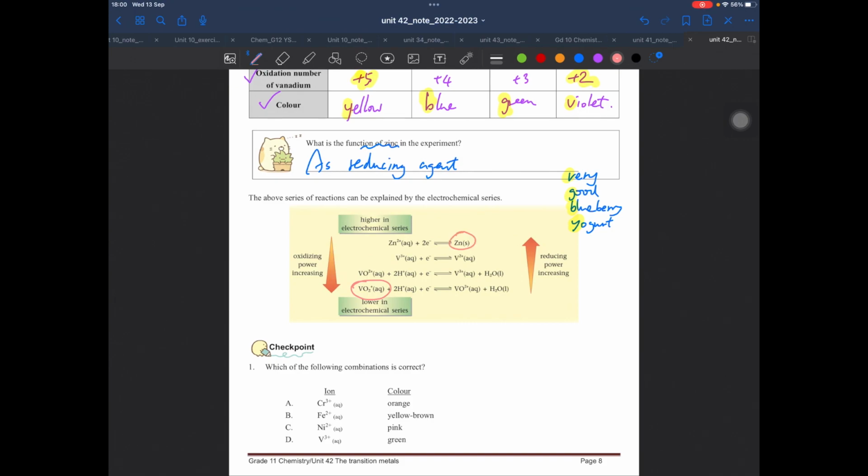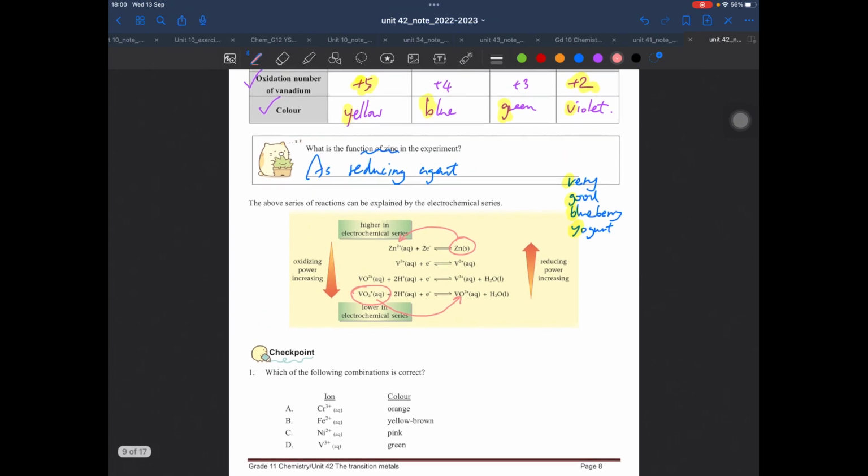For the first reaction, zinc becomes zinc ion. Remember? Anti-clockwise relation. Zinc becomes zinc ion, and VO2 plus becomes VO double plus. Nothing special, right? From positive 5 to positive 4.